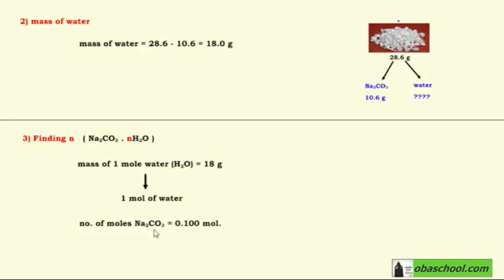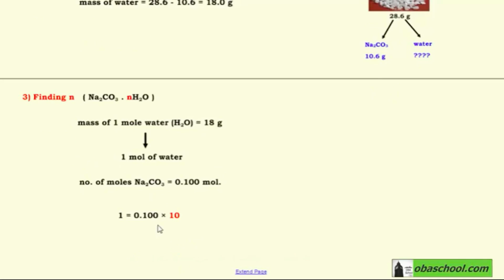The 1 represents 0.1 times 10, meaning to get number 1, I should multiply 0.1 by 10. So the number of moles of water are 10 times more than the number of moles of sodium carbonate.